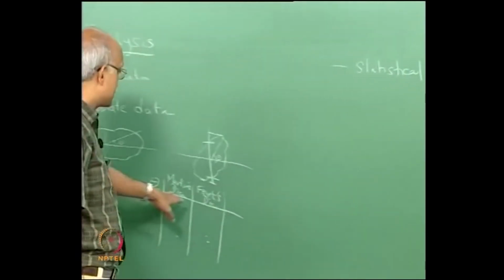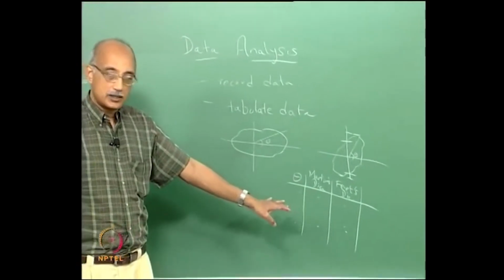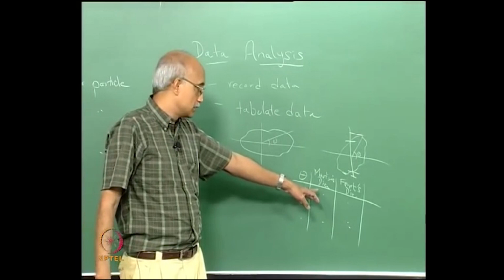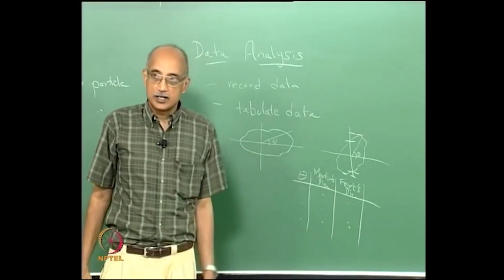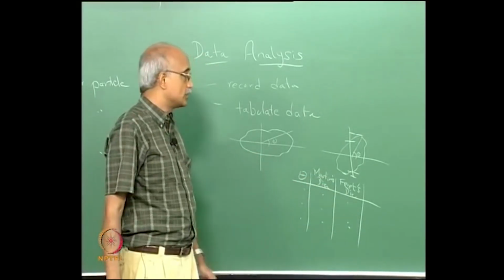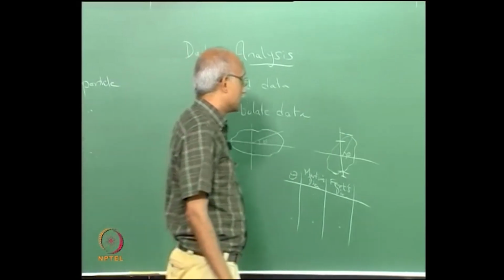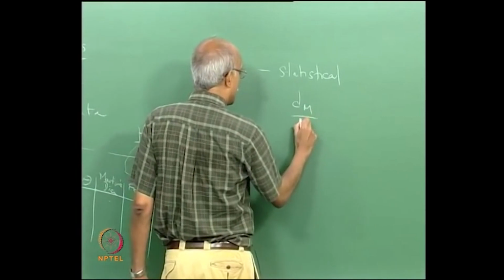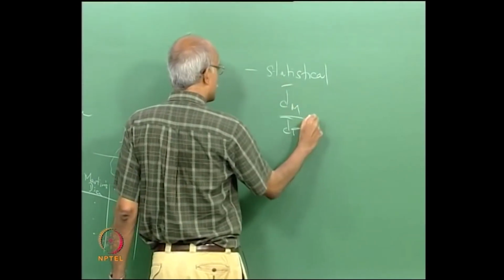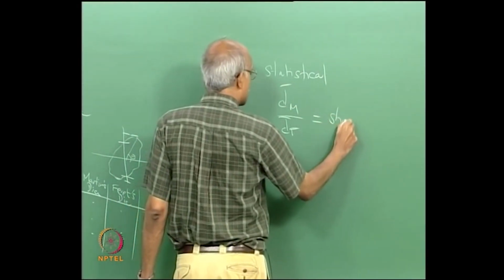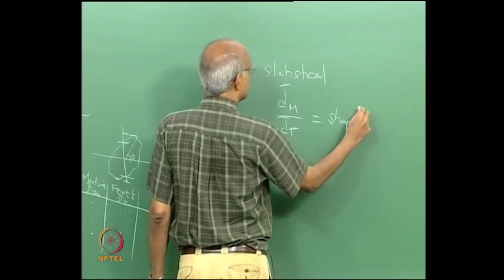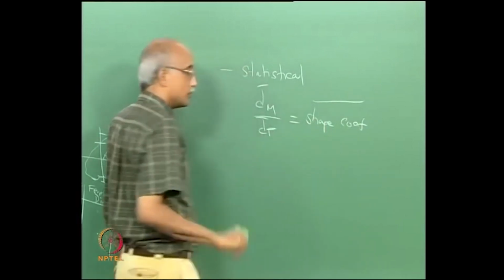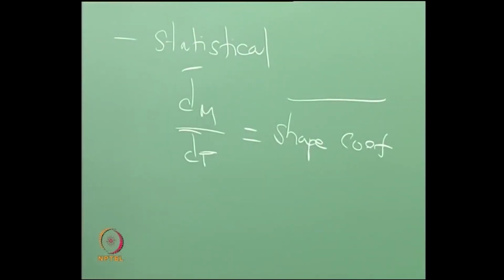For example, you can simply take this data and average all the Martin's diameters as a function of theta and average all the Feret's diameters and take the ratio of d Martin over d F as being an average shape coefficient, where the bars essentially represent averages.